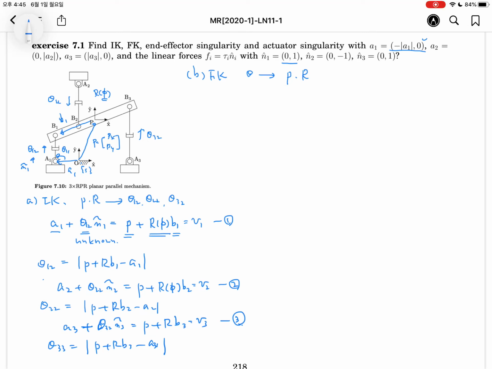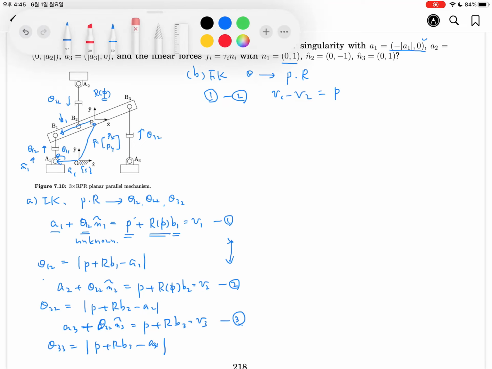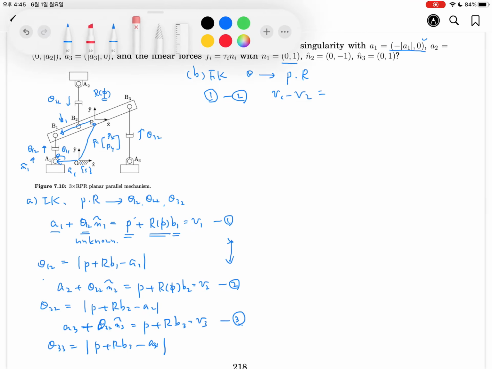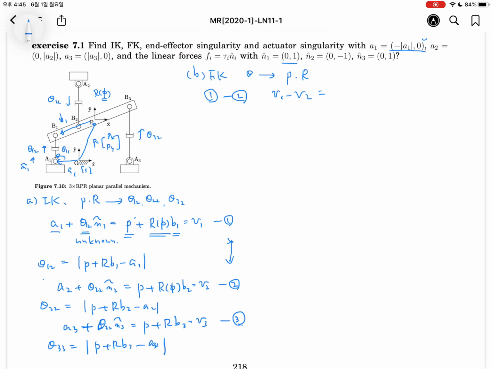Equations 1, 2, 3 are two-dimensional vector equations. So let's subtract equation number 2 from equation number 1. This will be v1 minus v2. Maybe the p is the same, so if we subtract, then p will be removed in this equation.